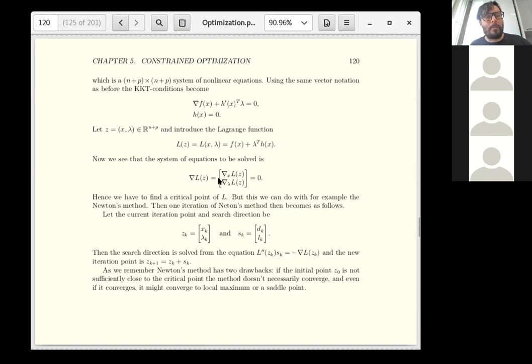And if we calculate the gradient of L pertaining to lambda, it's simply this multiplication, so it's just h prime transpose lambda. So when we set this gradient of the Lagrangian to 0, that's a KKT point.